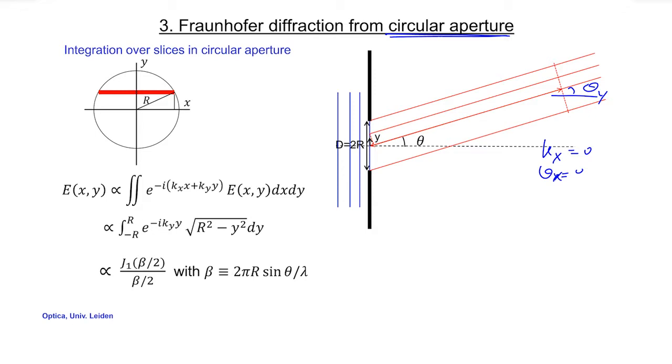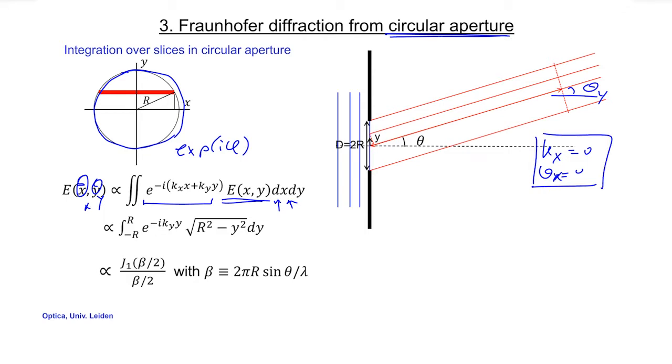So what we have to do is calculate the field far away, as a function of theta x and theta y, and we get that by integrating, adding all the secondary sources within the now circular aperture. So we perform a two-dimensional integral, and each component has a factor e to the power of a phasor exponent i phi.